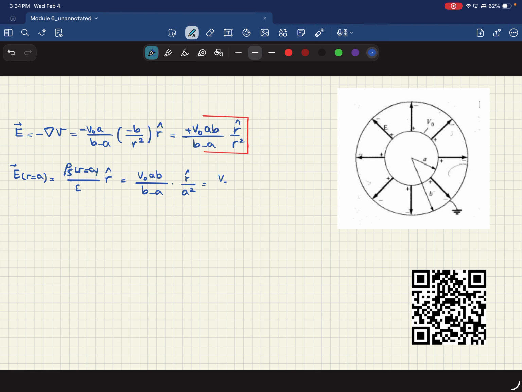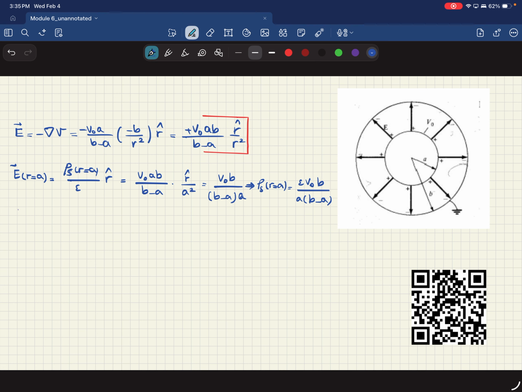That would be V naught B, B minus A, multiplied by A. So that way, rho S at R equal to A is epsilon V naught B over A, B minus A.